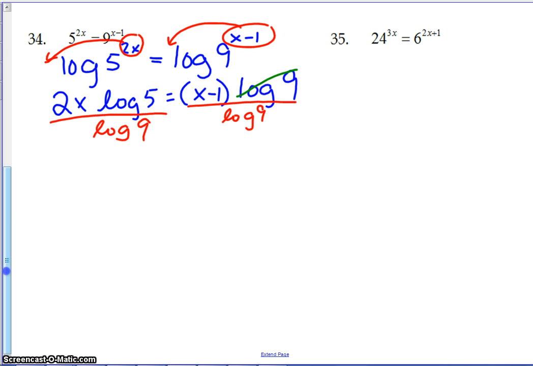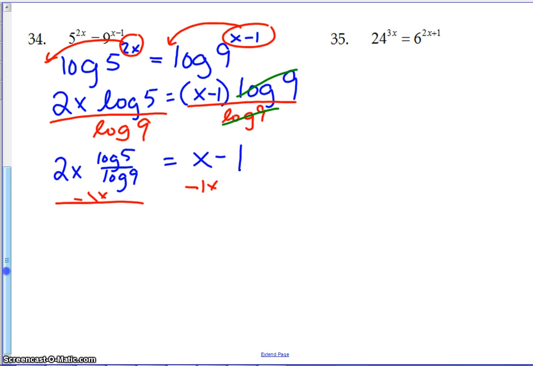So this way here, this cancels out. So now I have 2x times this log of 5 over log of 9. And that equals x minus 1. Well, really, if I have 2 x's here times a number, and I've taken away an x from both sides, so technically what I want to do is take away 1 x from both sides.